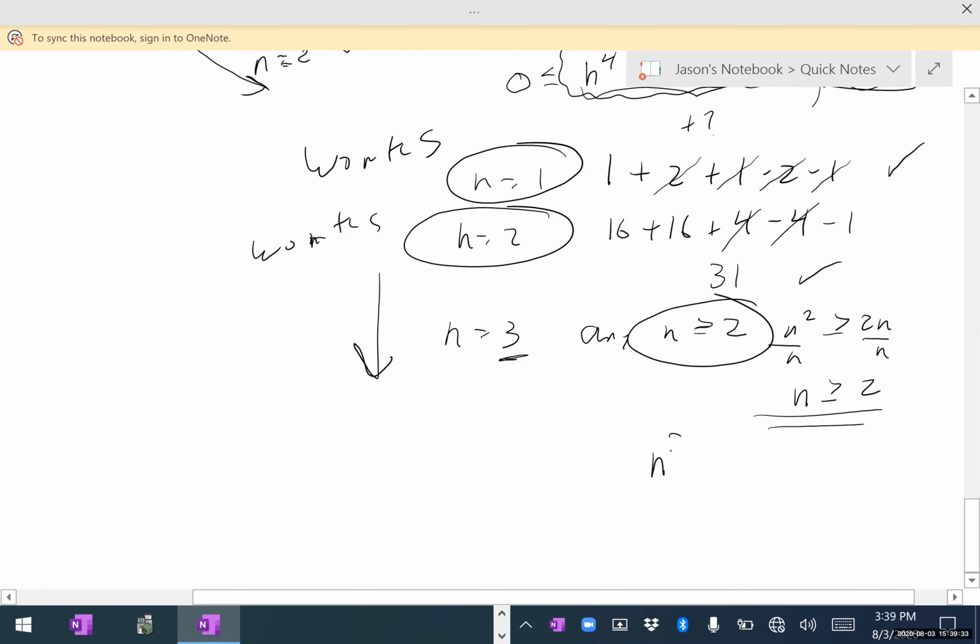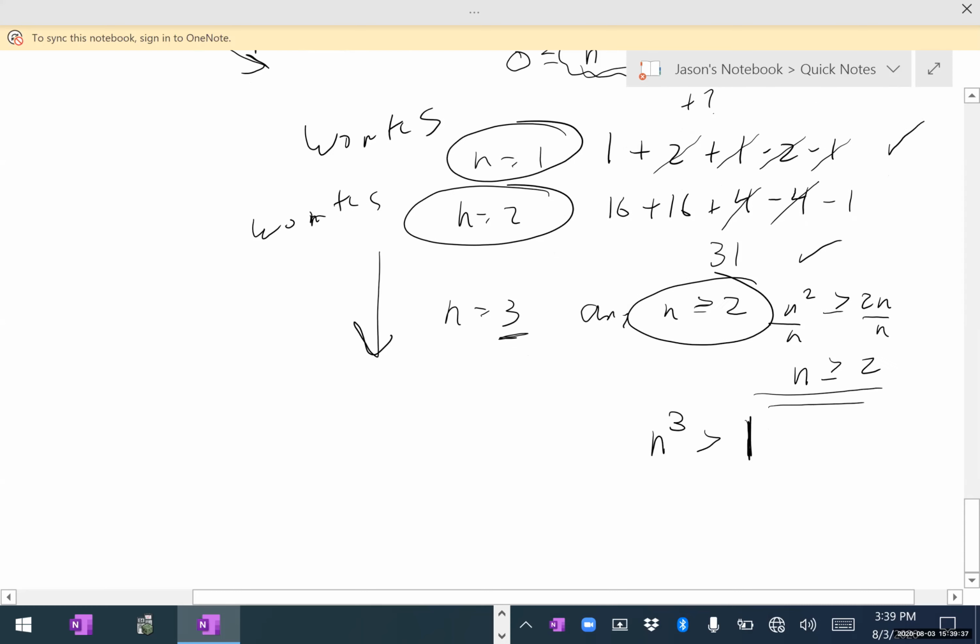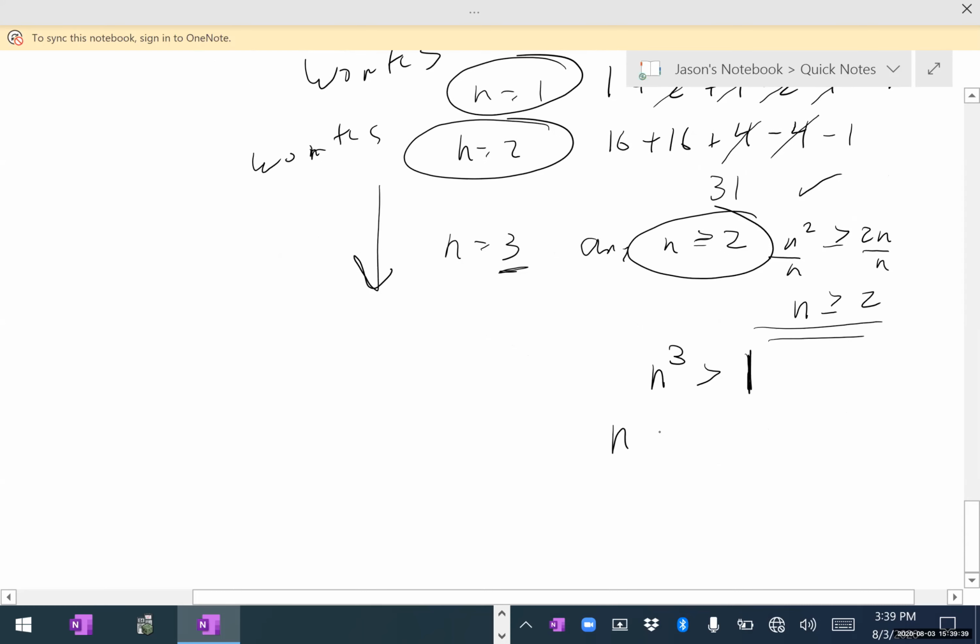Isn't n cubed greater than 1 for any n greater than 1? If n is greater than 1, isn't n cubed going to be bigger than 1?